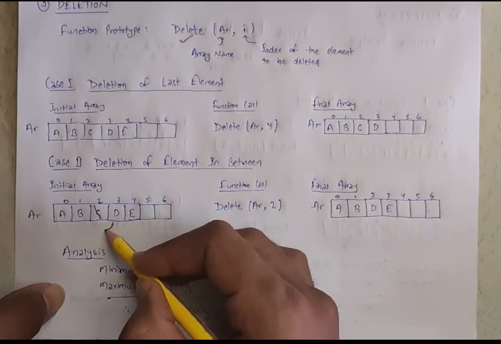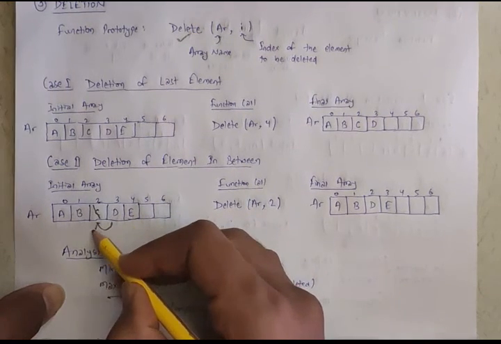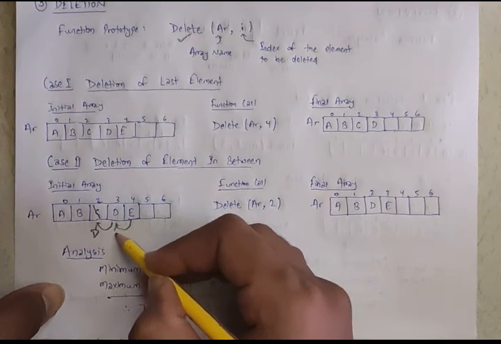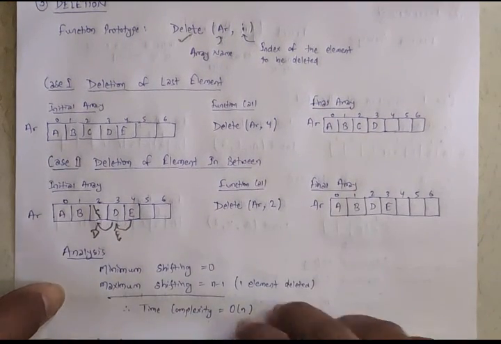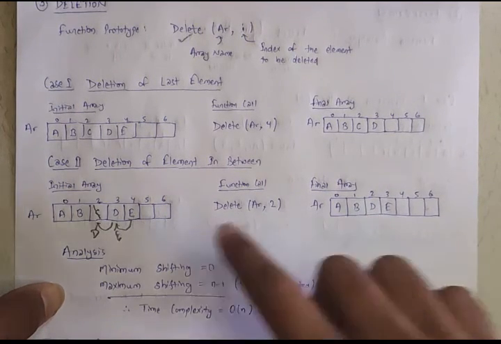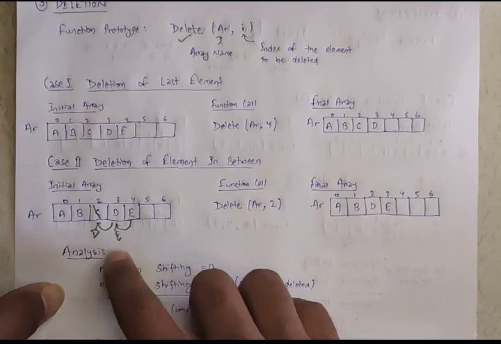So we need to shift D here, and again E to here. So the final array would look like this, A B D E.